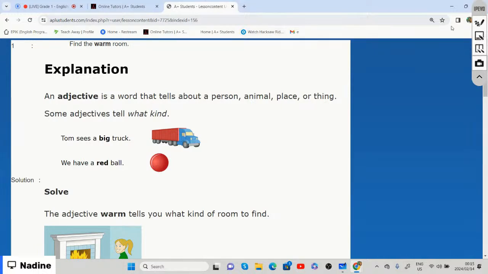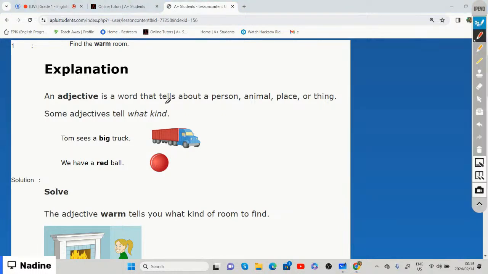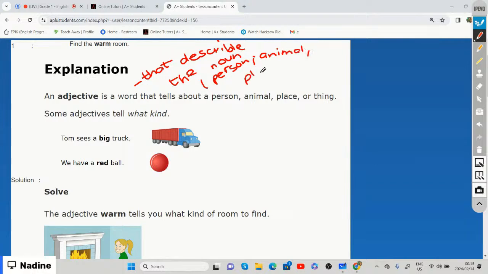And I always say an adjective is a word that would describe the noun, which is the person, animal, place, or thing. So that is an adjective.